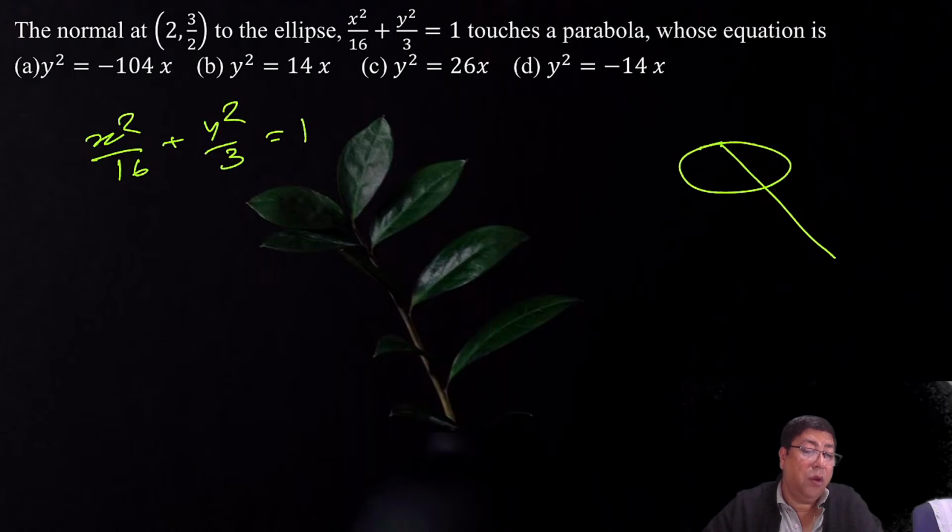The equation of the normal at the point (x1, y1) is x1 by a square minus y1 by b square equal to a square minus b square. Let us apply it here.